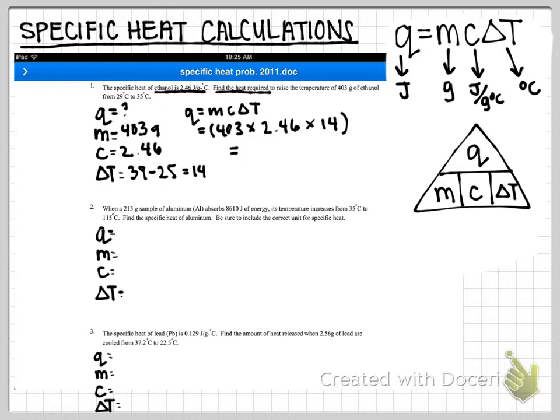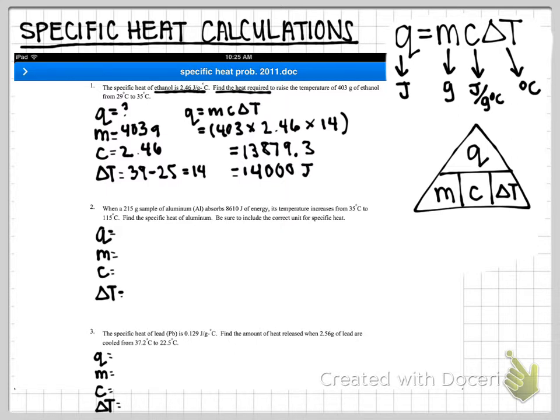Multiply them all together, and the total Q is 13879.3. If we look at what we started with, we should have 2 sig figs, so it would be 14,000. And our unit is joules.